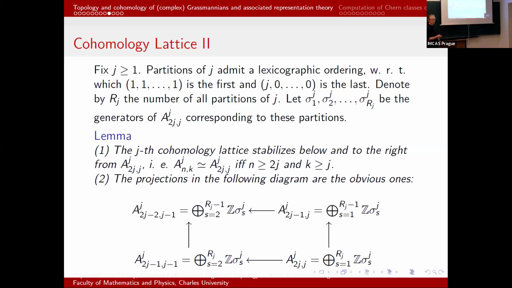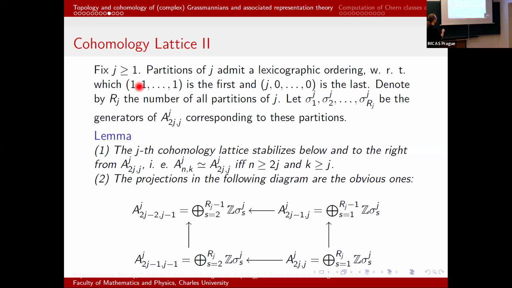So if we fix J greater or equal to 1, we can order the partitions of J lexicographically. Basically, we consider two partitions whose parts are the same up to some index, and then there is the first index E where the Eth part of one partition is greater than the Eth part of the other, and we order the partitions according to this ordering.